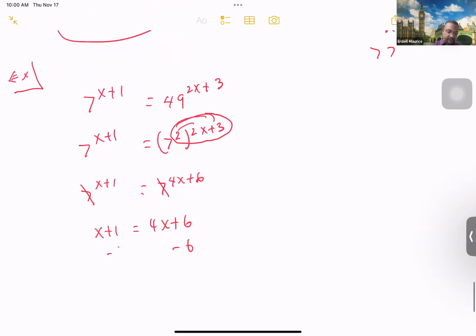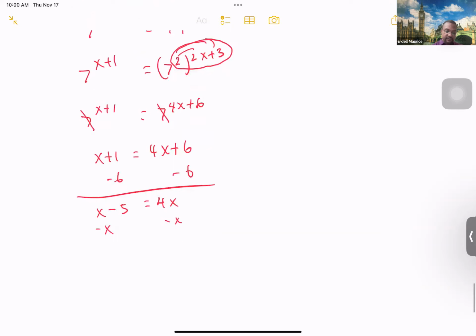Subtract 6. x minus 5 is equal to 4x. Subtract x. Negative 5 is equal to 3x. Divide by 3. x is equal to negative 5/3.